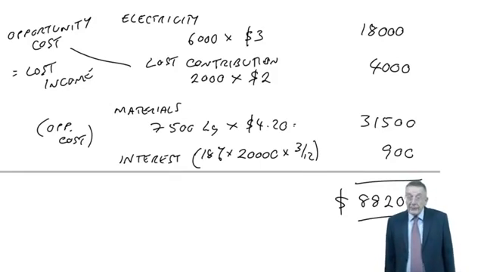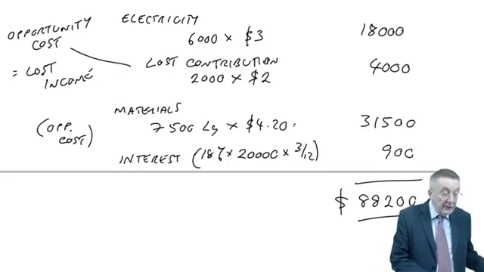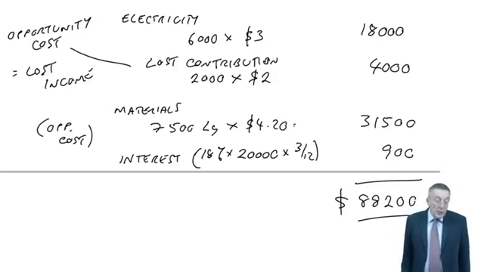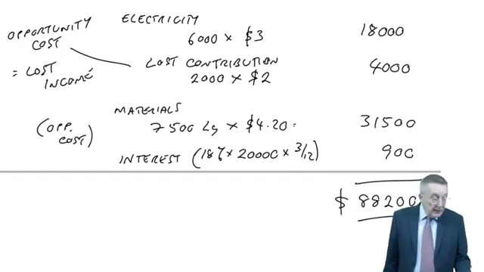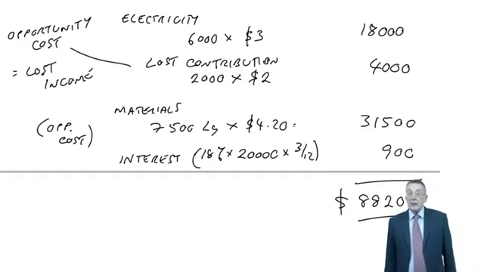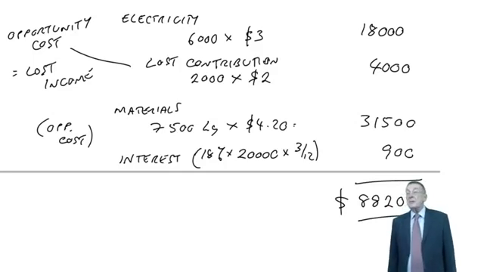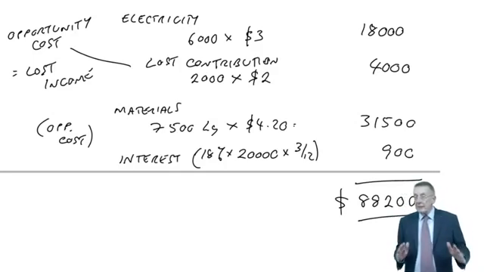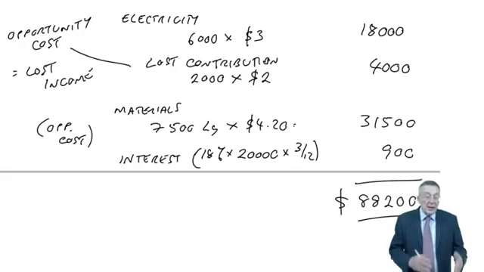Before I leave it, one more bit of terminology. If you look back to materials note 6, it said materials represent the purchase cost. So the 34,000 that's currently on the schedule represents the cost of 7,500 kilos bought some time ago. And I said that was not relevant because whether we do the contract or we don't, that money has already been spent.